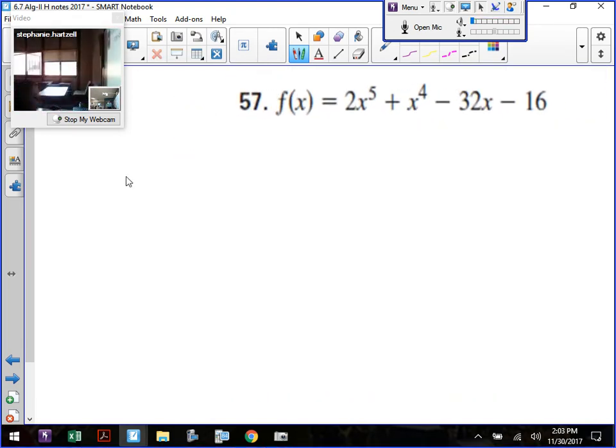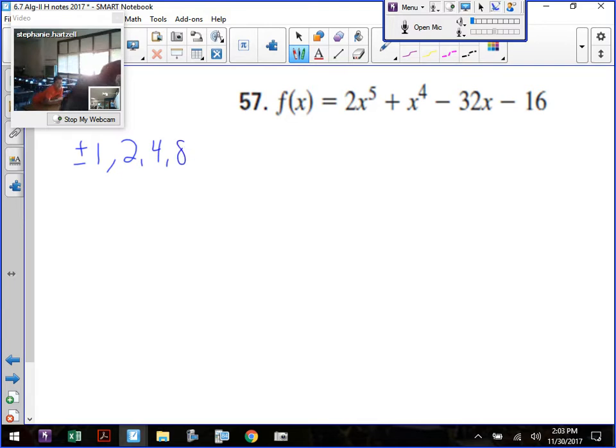Again, I'm going to start with the idea of working with my possible zeros. So I have plus or minus 1 over 1 and 2, and 2, 4, 8, and 16.